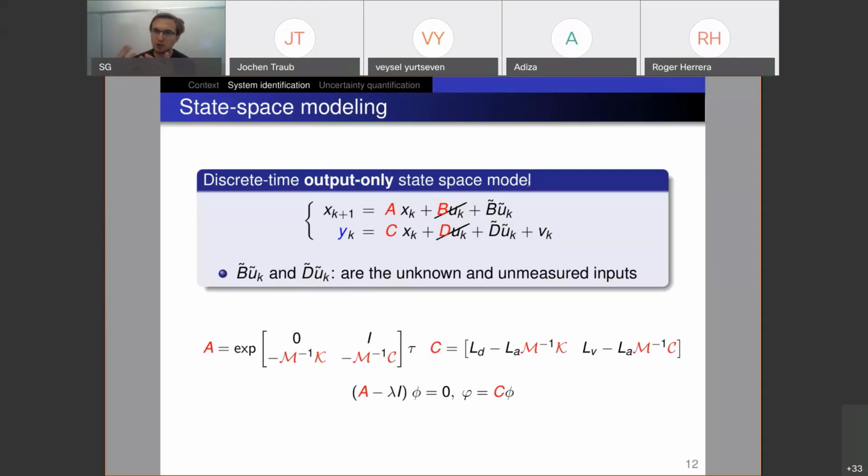So the modal parameters of our system can be directly computed from the eigenvalues and eigenvectors of A and the observation matrix C. And that is one of the tasks of system identification.